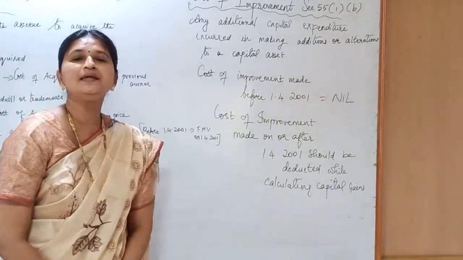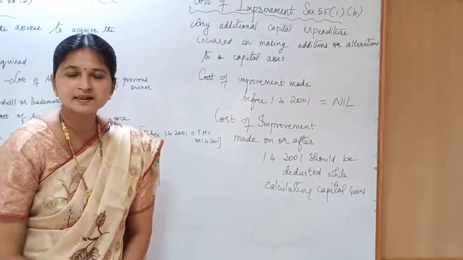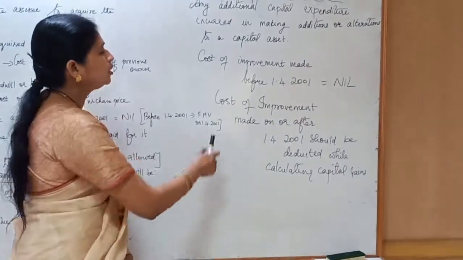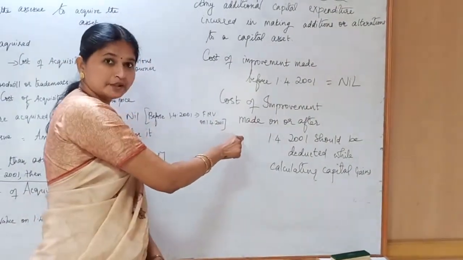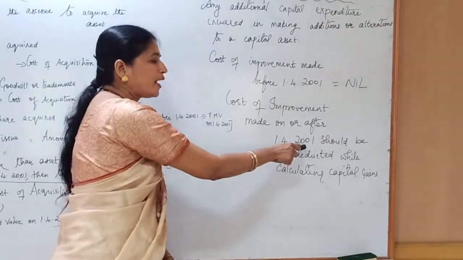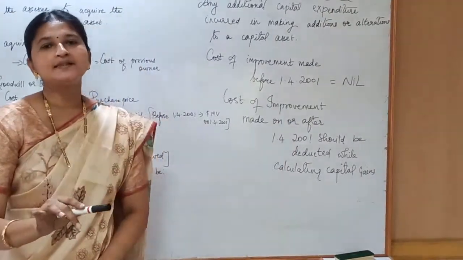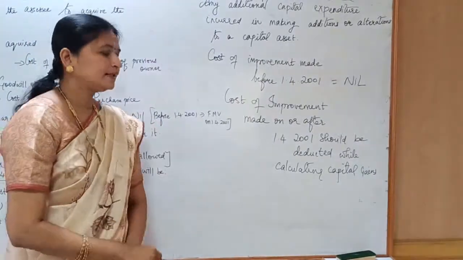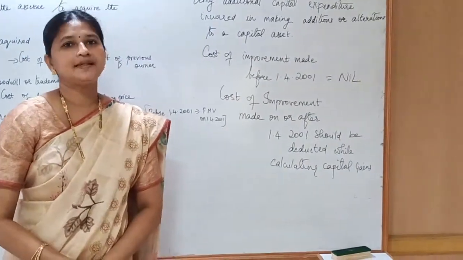It should not be considered while calculating capital gains. Cost of improvement made on or after 1/4/2001 should be considered and deducted while calculating capital gains.